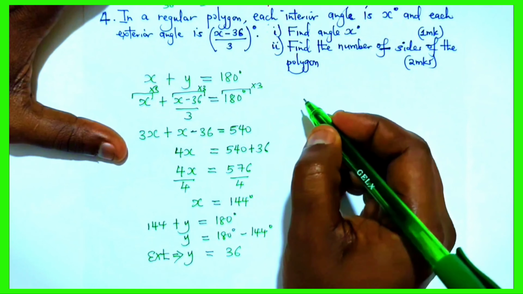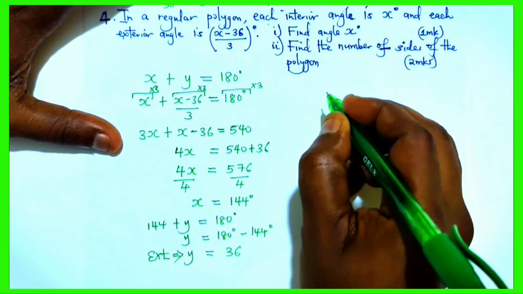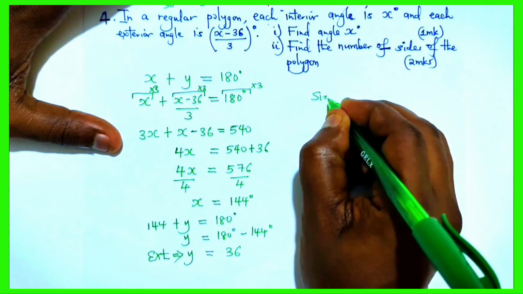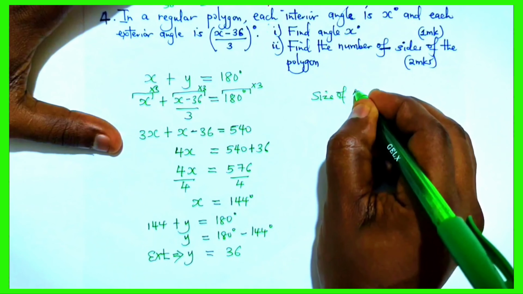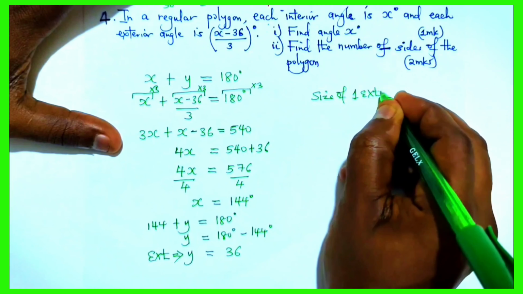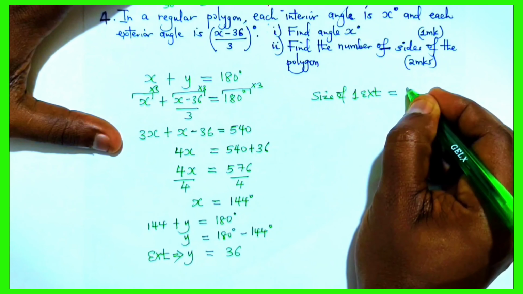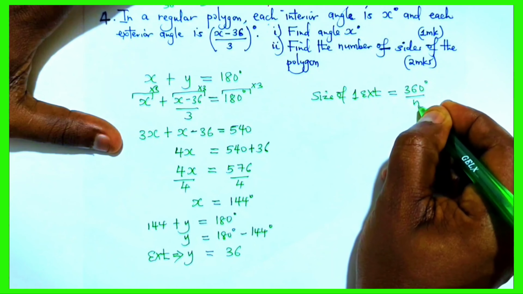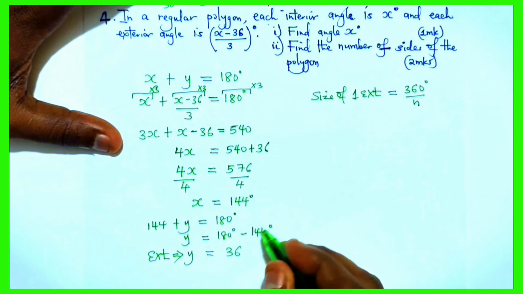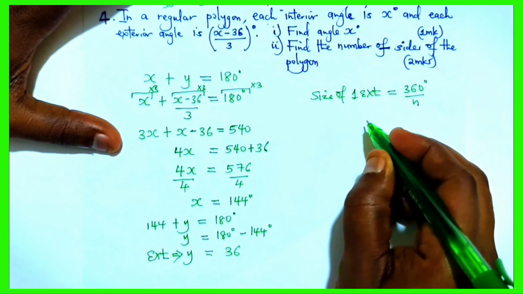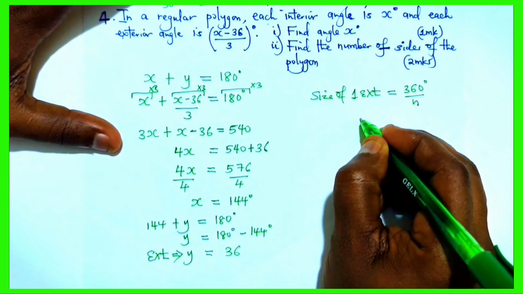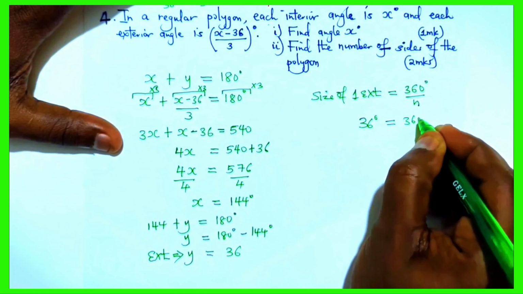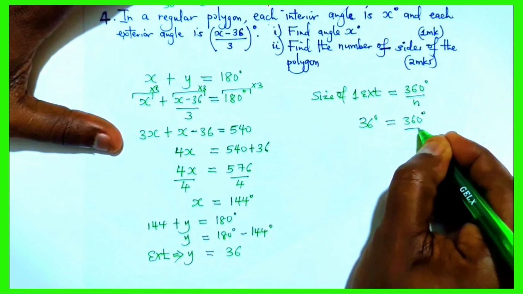Therefore, we will be in a position to use the fifth law, which says that the size of one exterior angle will be equal to 360 degrees over n. And our exterior angle here is 36. So we'll be in a position to say that 36 degrees will be equal to 360 degrees over n.